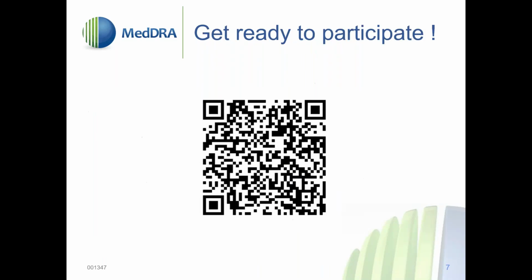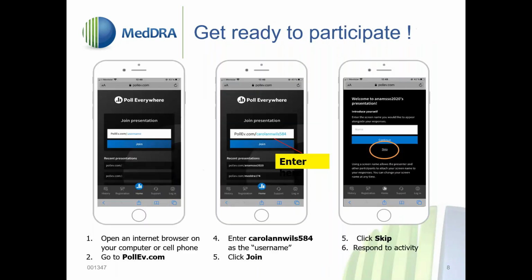The next two slides now explain about the polling. Leander has mentioned already that we will be using quiz questions during this webinar. And if you would like to join the quizzes and participate in the examples today, there are two ways to do so. The easiest way is to scan this QR code with your smartphone or tablet. It will bring you directly to the poll. Or you may enter the indicated web address into the URL bar at the top of your internet browser in your computer, tablet, or cell phone.